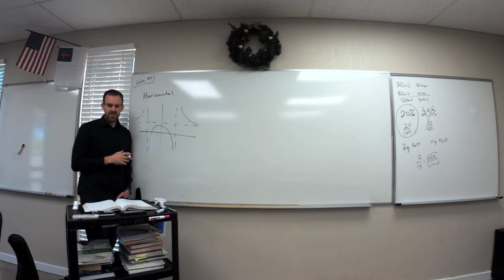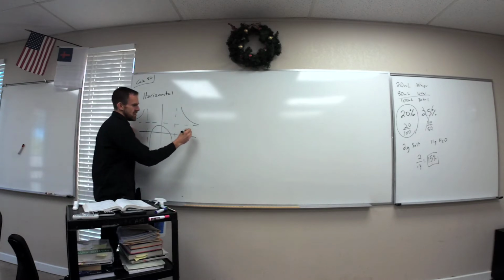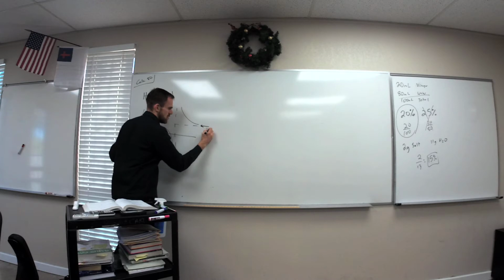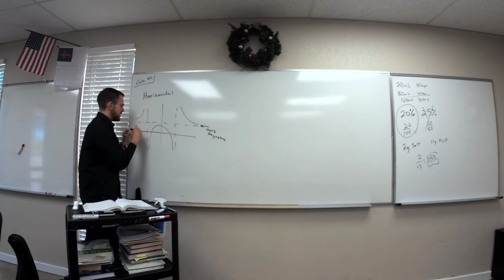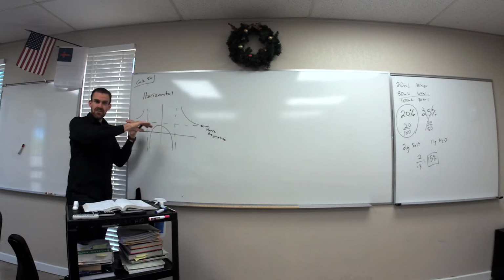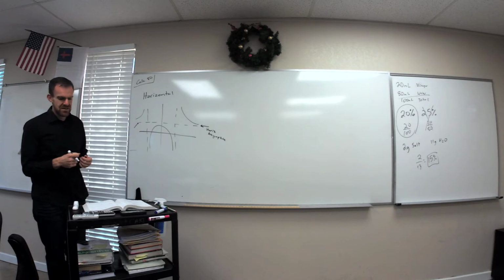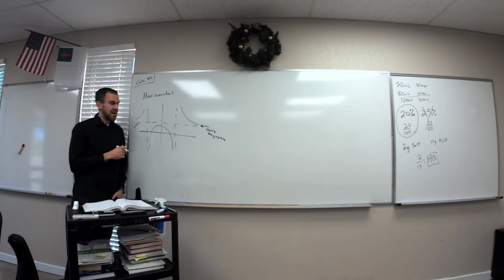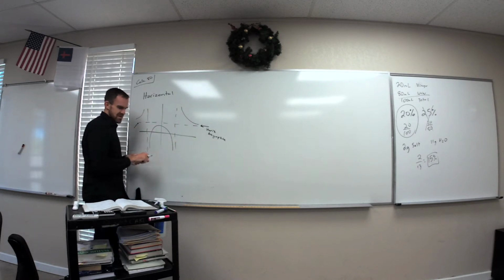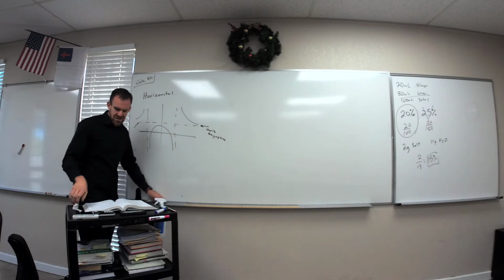So these are your horizontal asymptotes. Sometimes they're the same at positive infinity and negative infinity, sometimes they're not. So you have to be careful.